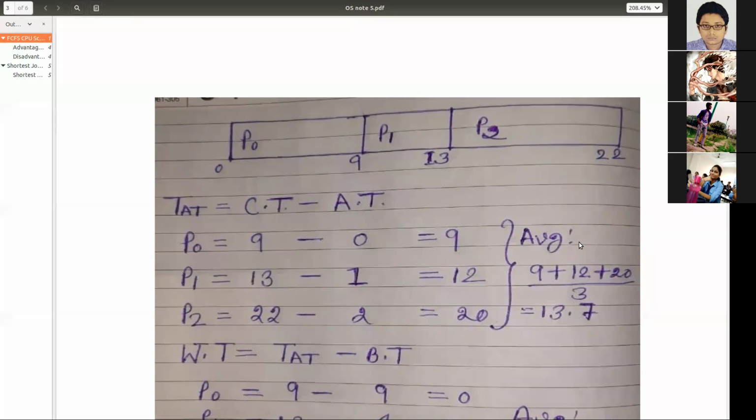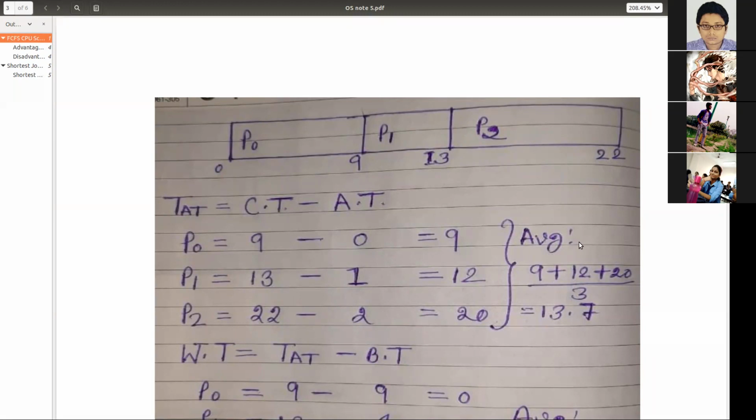P2's completion time is 22 and arrival time is 2, so it will be 20. If you take the average of these three, you will get 13.7. So the average turnaround time of this system will be 13.7 approximately, because the average is 13.6666 and so on.